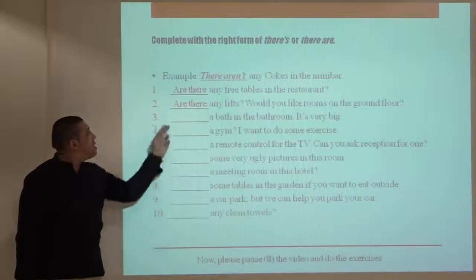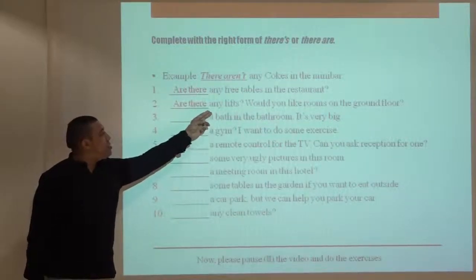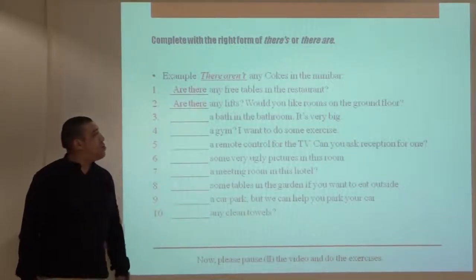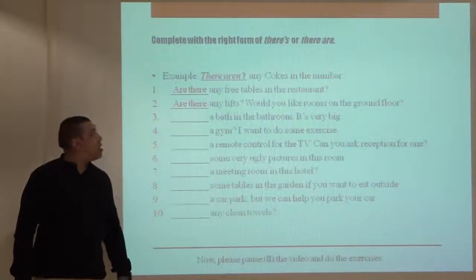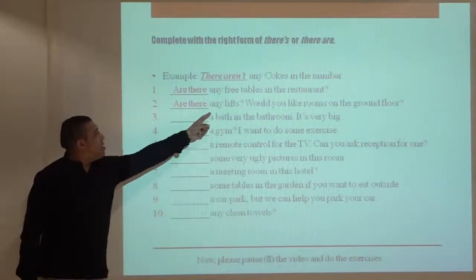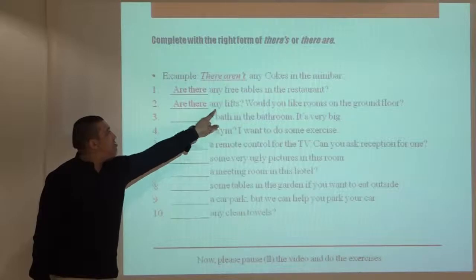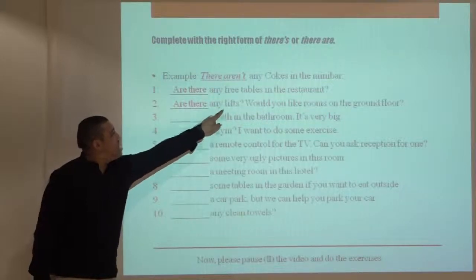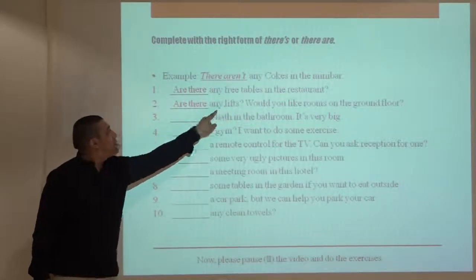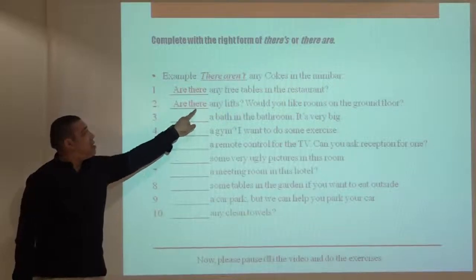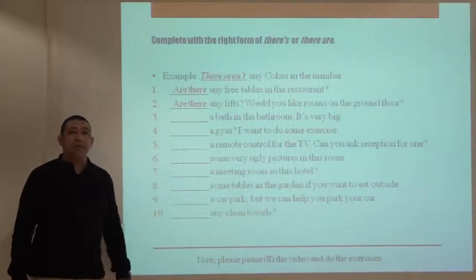Question 2. Are there any lifts? Would you like rooms on the ground floor? Again, as you notice, we have any in the question and lifts. So this should be, are there any lifts in plural form?